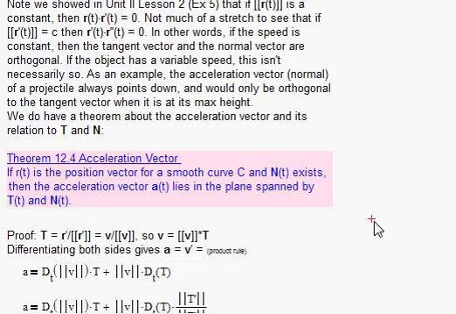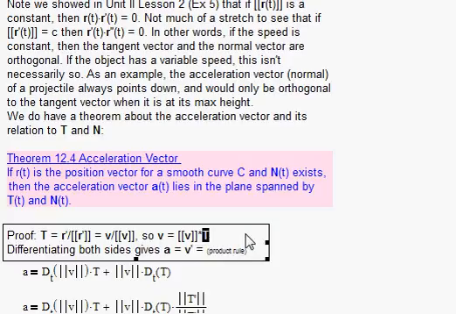So the velocity vector, it's very logical that the velocity vector is how long it is times its direction. Remember, this is a unit tangent vector saying this is the direction of the velocity vector. So the velocity vector is its length times a tangent vector in the direction of this velocity vector, right?